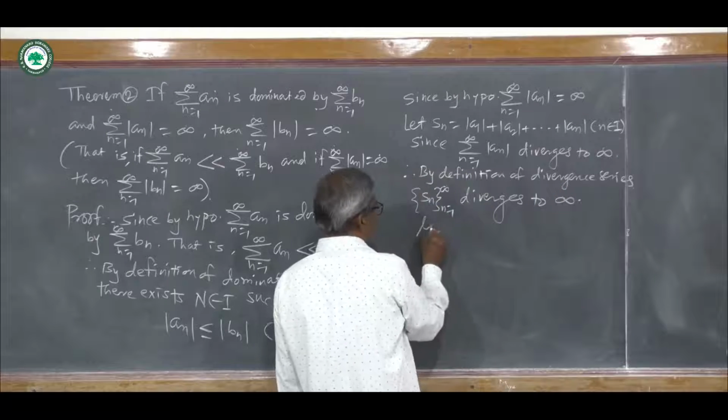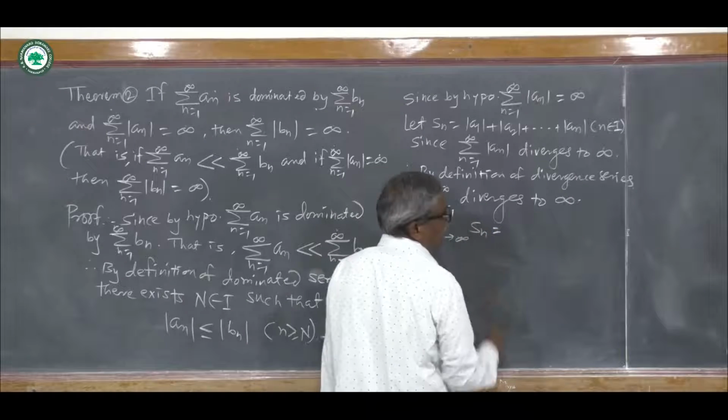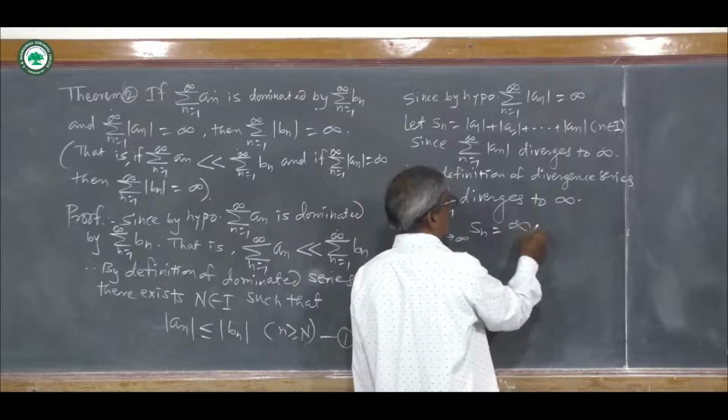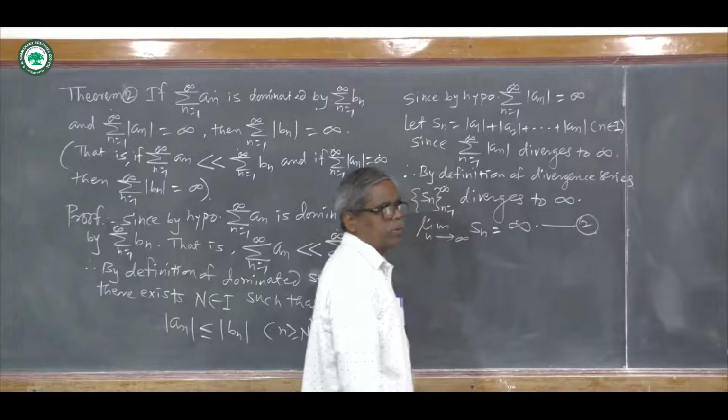That is, limit n tends to infinity of Sn is equal to infinity. This is statement number 2.